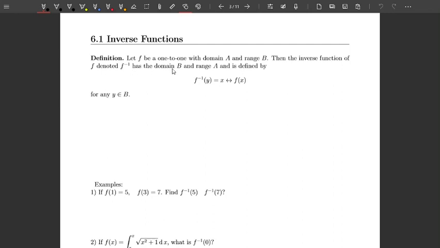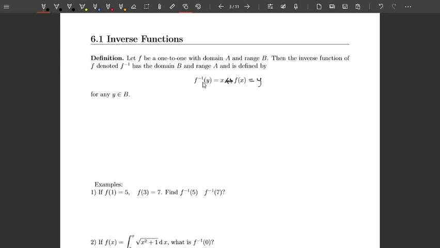It has the domain B and range A, and is defined by f inverse of y equal to x if and only if f of x is equal to y. This is the way we define the inverse of a function for any y in the range.